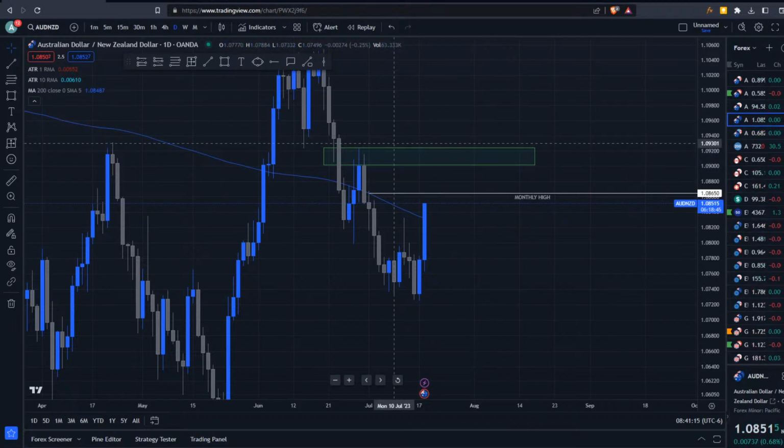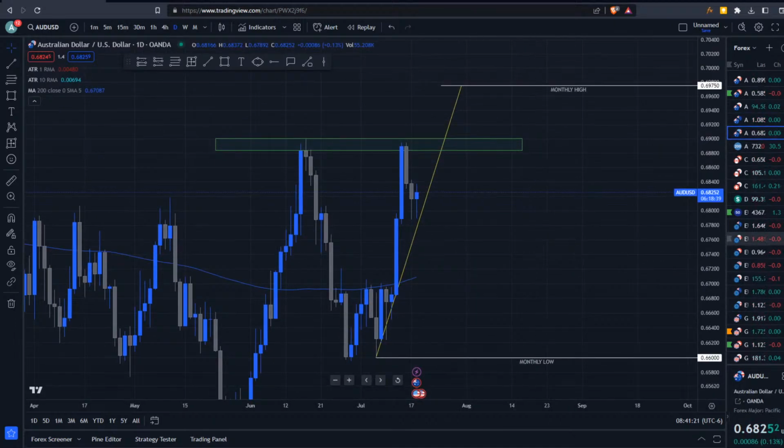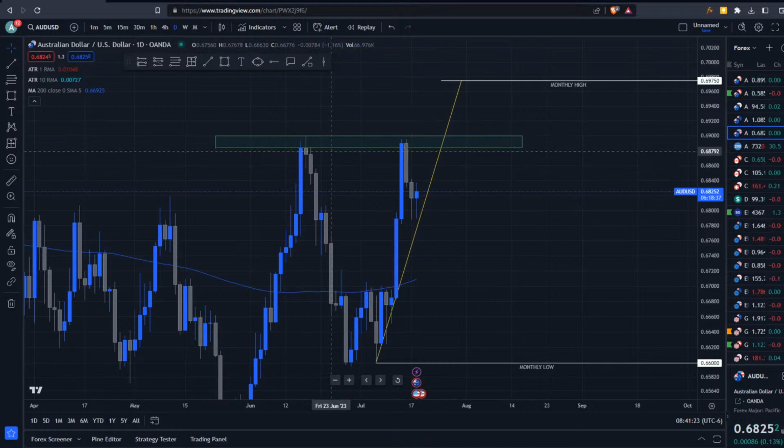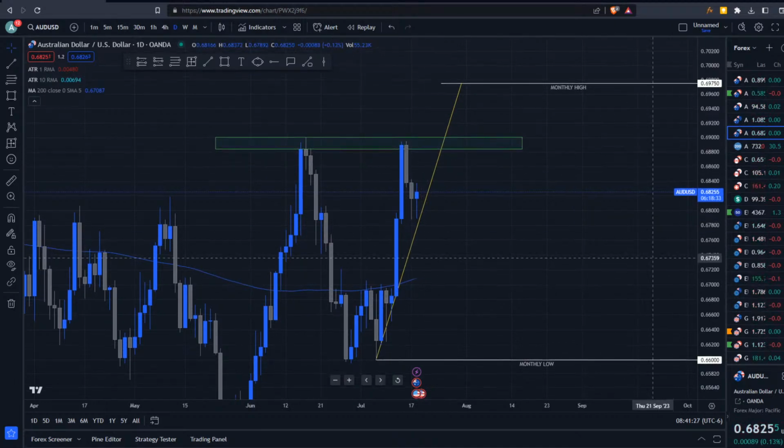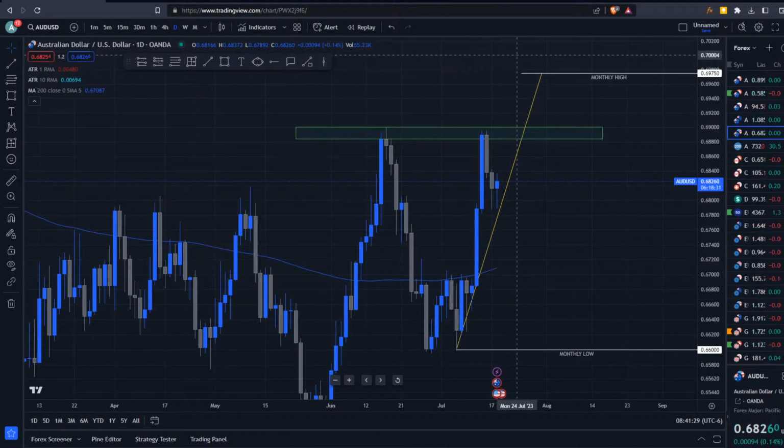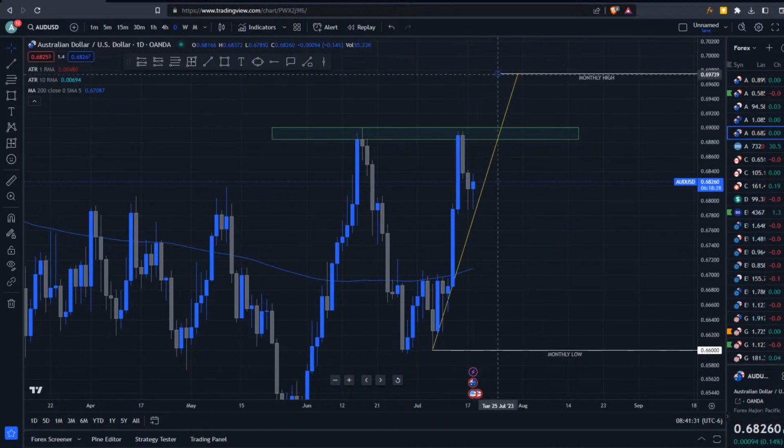But for right now, I would wait on Aussie Kiwi. There's nothing there. Aussie dollar. Hit this area twice now, rejected it, so that might be the high. We could consider moving these down.